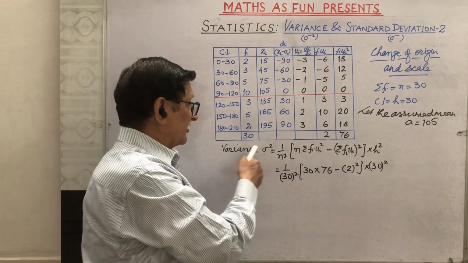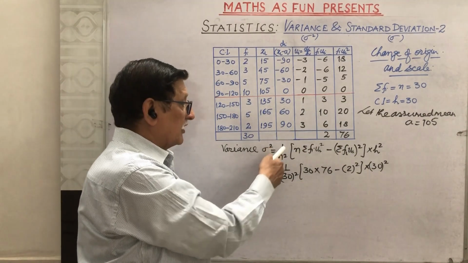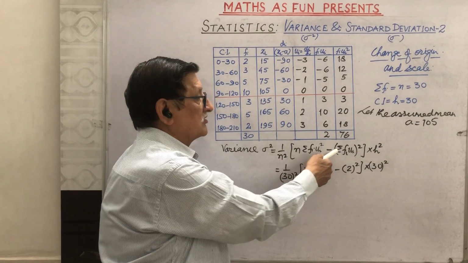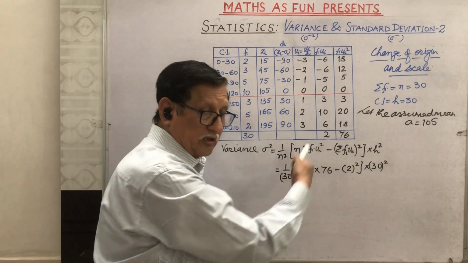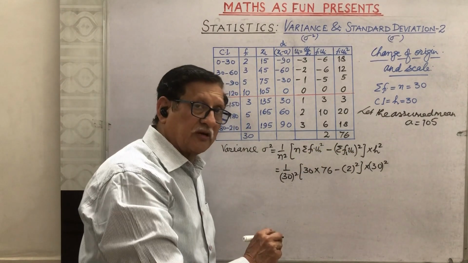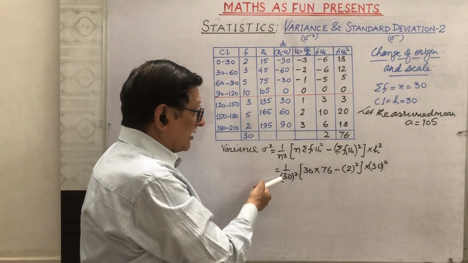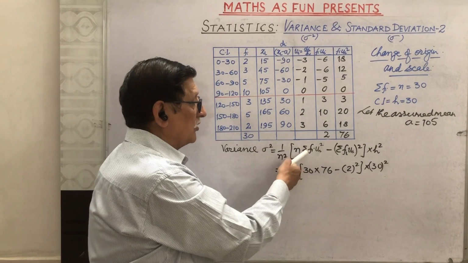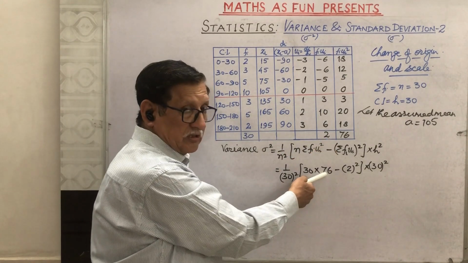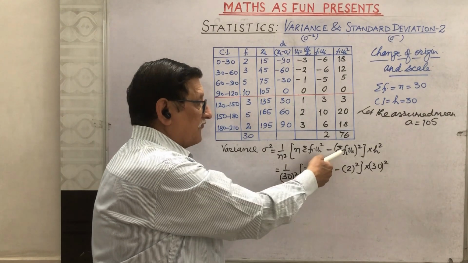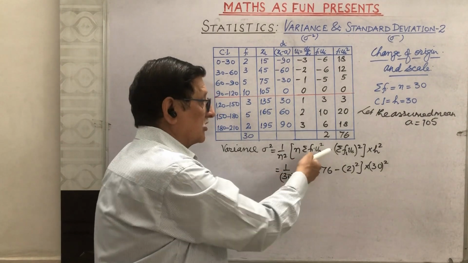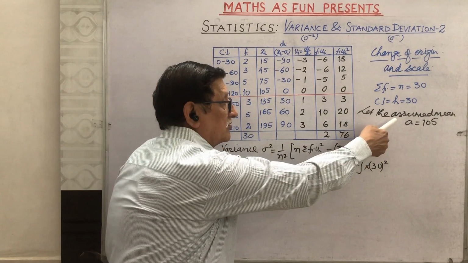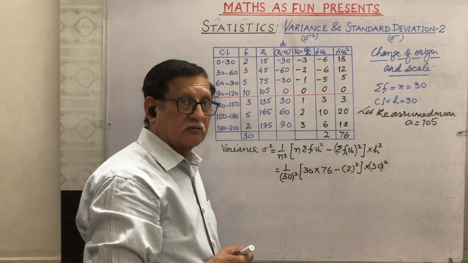Now we know the formula to find out the variance, sigma square, that is 1 upon n square into n into sigma Fi into Ui square minus sigma Fi into Ui whole square into h square. Substituting the values we see here, 1 upon n square is 30 square, into n 30 into sigma Fi into Ui square is 76, minus sigma Fi into Ui is 2, so 2 square into h square, and h is 30, so this becomes 30 square.